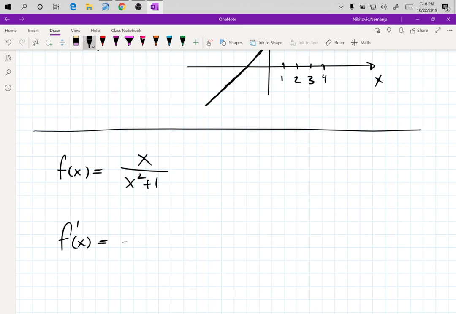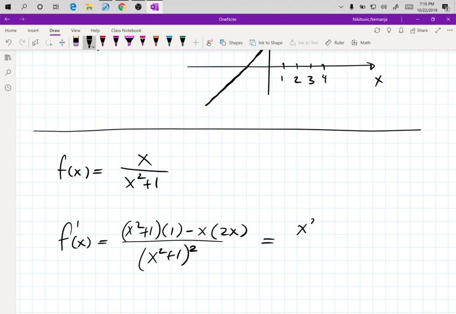All right, so what's the derivative here? We have x squared plus 1 squared, x squared plus 1 times 1 minus x times 2x, which simplifies into x squared plus 1 minus 2x squared divided by x squared plus 1 squared.